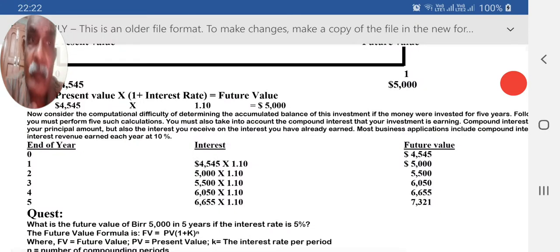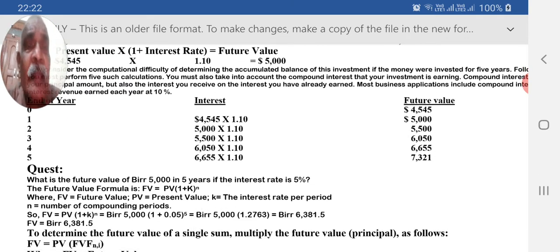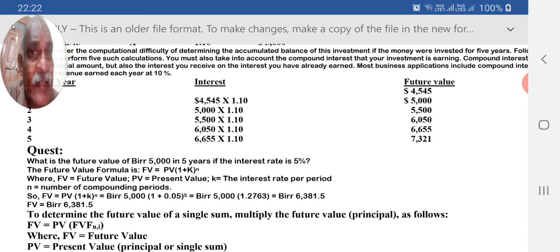So this is very complicated, because every year you have to calculate like this.